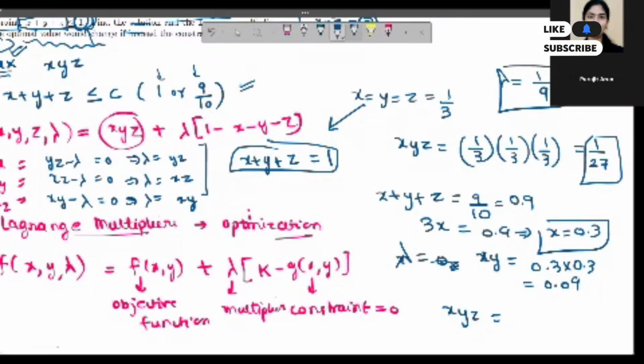So tell me what x, y, z is going to be. So 0.9 to 0.9.